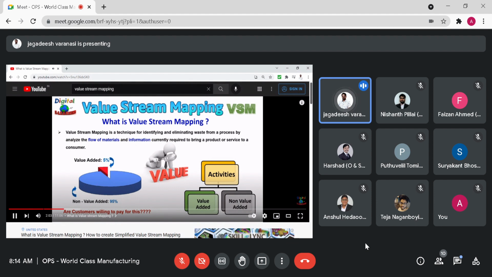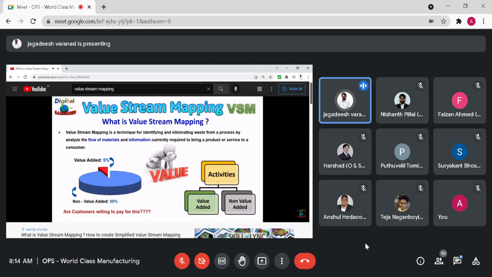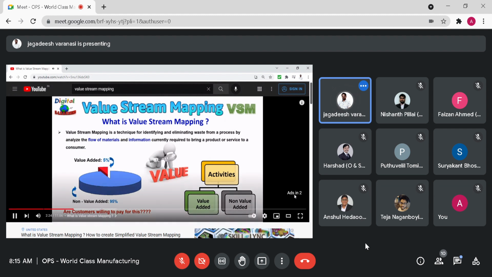In order to provide the product or service that the customer desires, every company has a series of steps that are required. Value stream mapping enables us to better understand what these steps are, where the value is being added and where it is not, which is waste, and more importantly, how to improve upon it as a collective process.